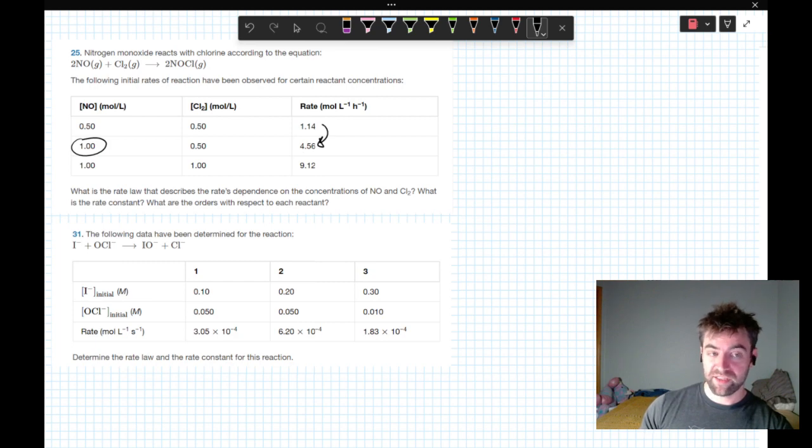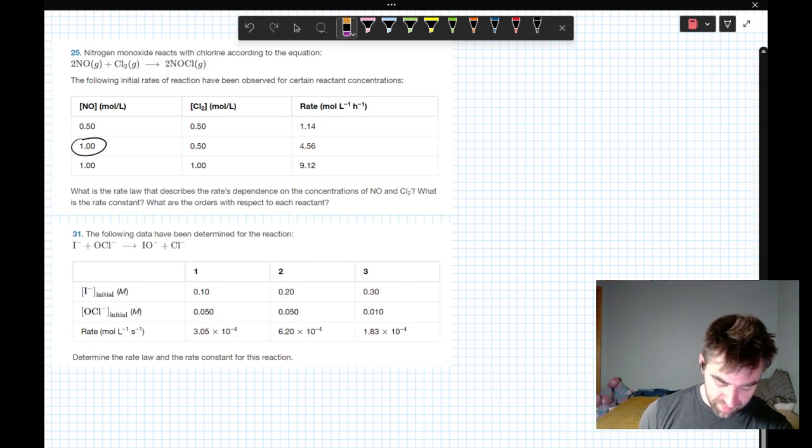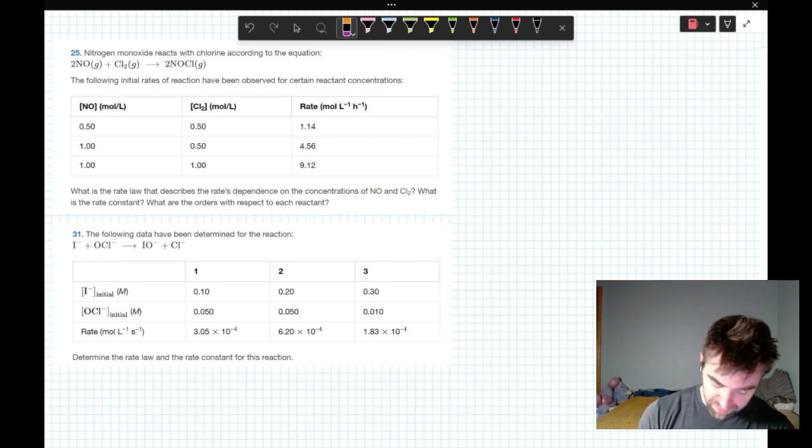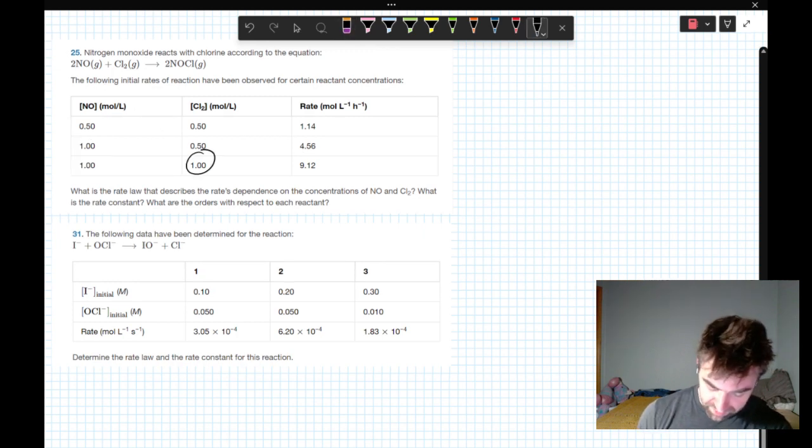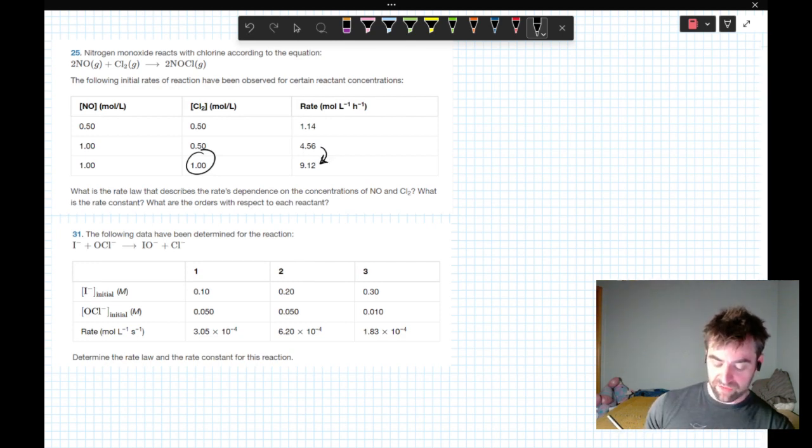So we know that this can't be a first order reaction because there's some exponential relationship. Now, if we hold that concentration the same and we double the concentration of chloride, now we seem to have what appears to be a doubling.